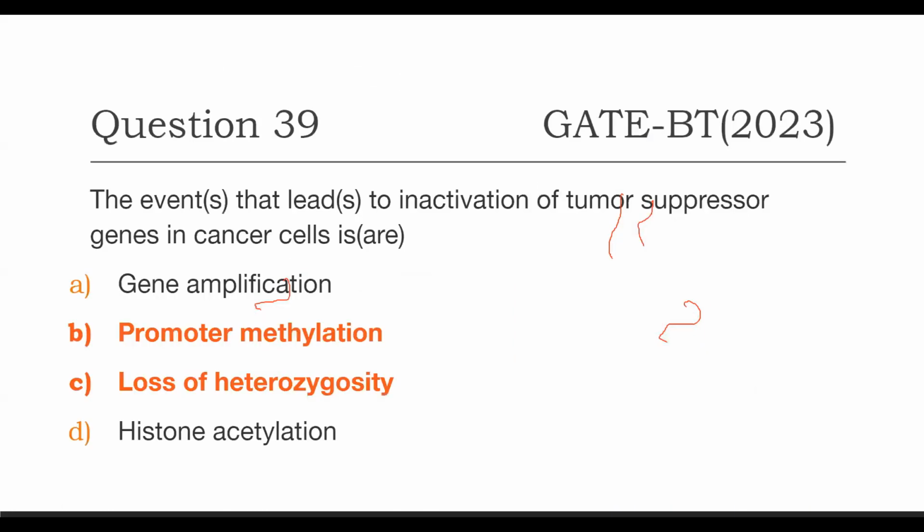Okay, so from these 4 options, we can see that promoter methylation and loss of heterozygosity are the correct answers, because promoter methylation leads to gene silencing, and loss of heterozygosity is where you lose a functional copy of the tumor suppressing gene and are left with maybe a mutated copy, and that might lead to uncontrollable cell growth, right? So therefore option B and C are correct.